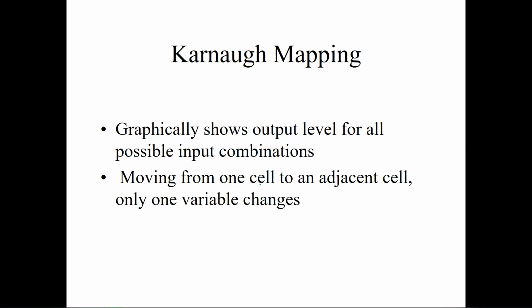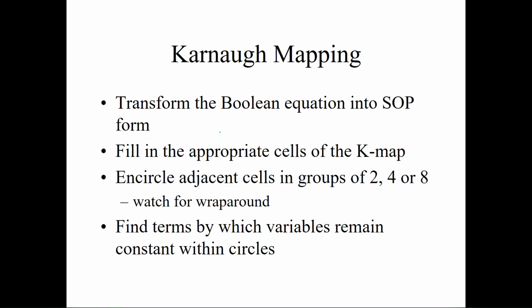This can graphically, so when we do these mappings, we can show output levels for all possible input combinations, moving from one to another with only one of the variables changing. Like I said, I think they've got an example of it here in just a minute.